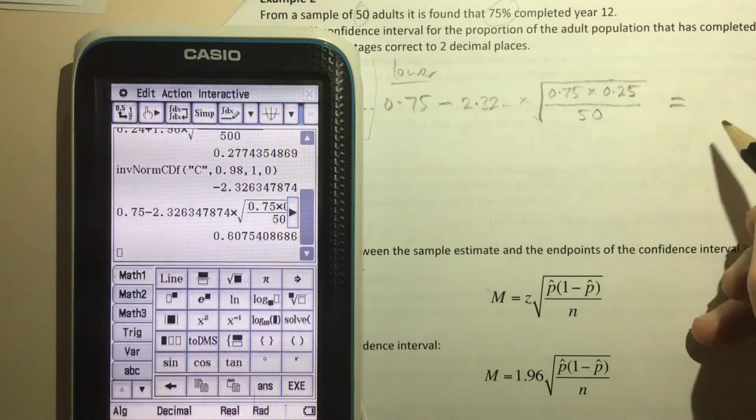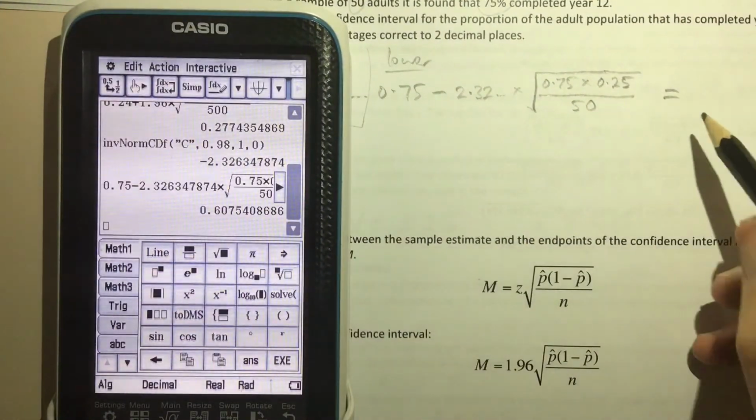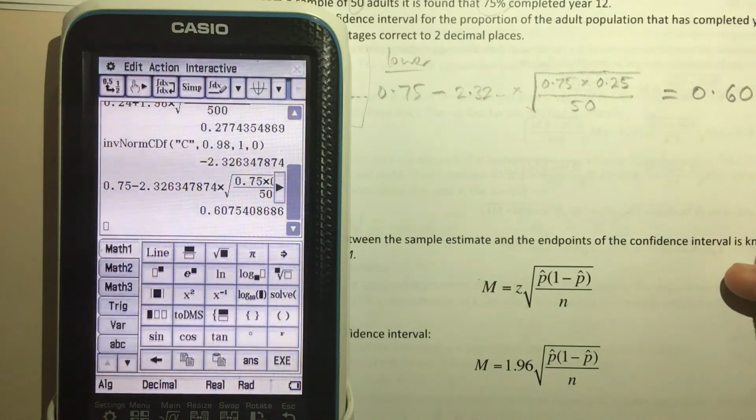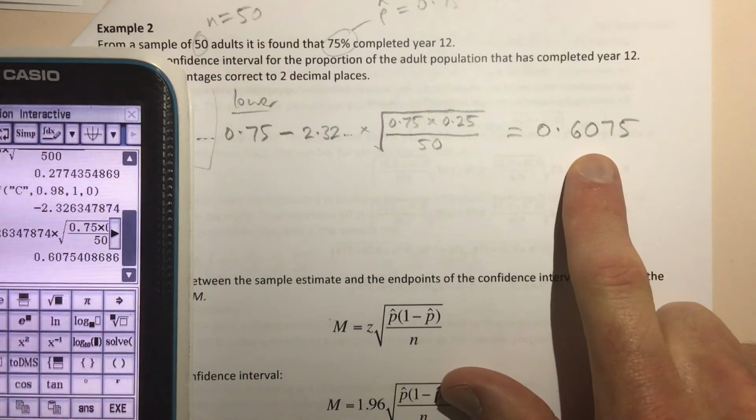What did it say? Sorry, it said as a percentage to 2 decimal places. So really, as a decimal, I need this to 4 decimal places. So 0.6075. That's our lower end of the interval.